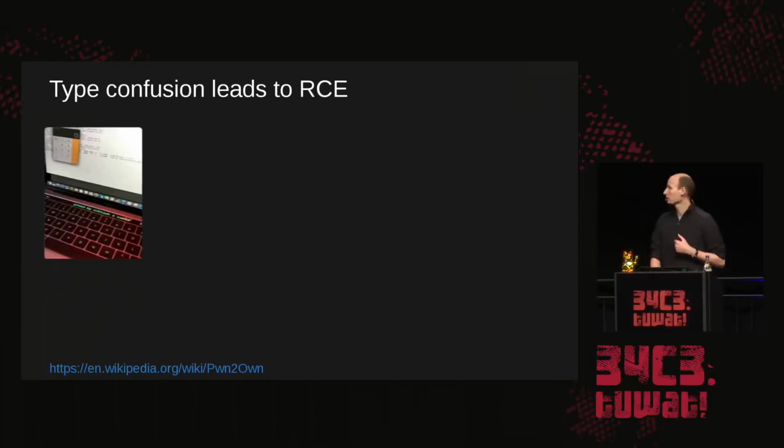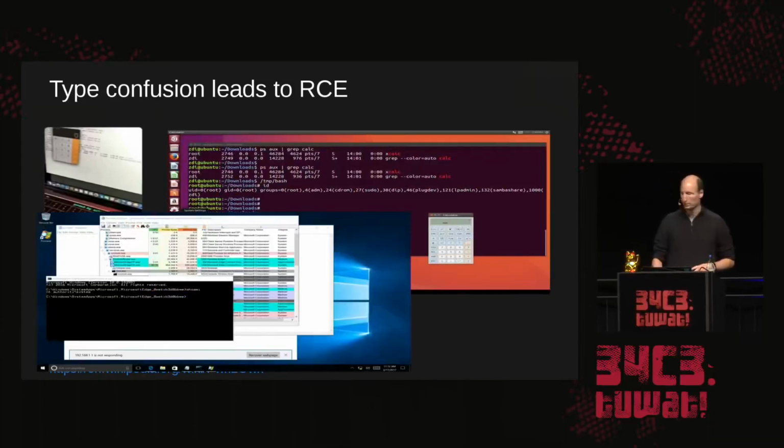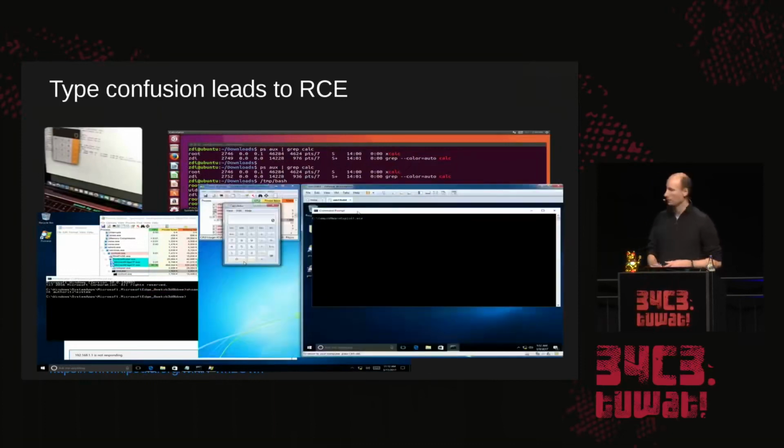Especially browsers and hypervisors and kernels are great targets to find different forms of type confusion and then exploit them, as was recently shown on the pwn-to-own competition. And we've seen a couple of these type confusions that are used to spawn calculators all over the place, which are fun. A calculator pretty much shows you that you get arbitrary code execution if you can spawn that.